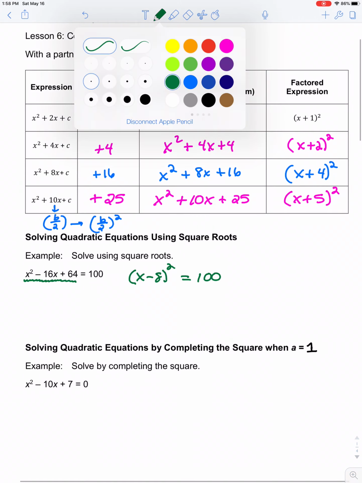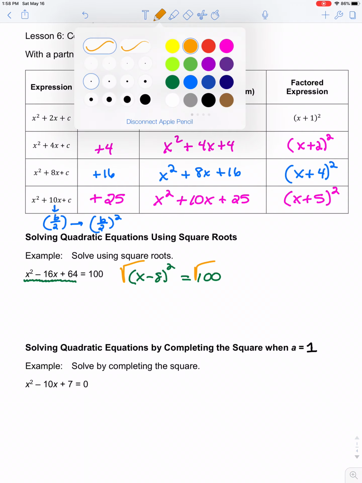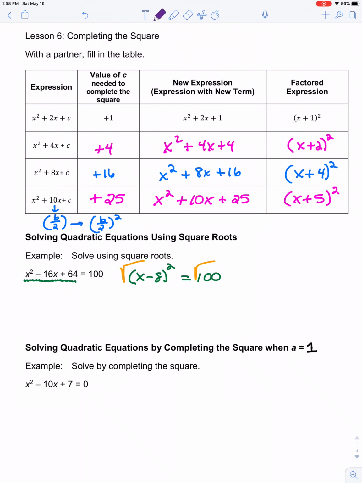If you remember from algebra, root both sides, and we set up a positive and a negative.